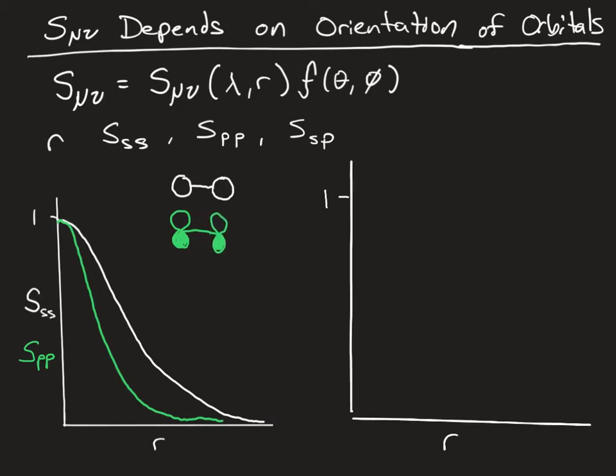We can now look at the overlap of an S and a P function in a sigma-type manner. So we'll have our S orbital and our p orbital. We're going to be bringing this from an overlap of 0 all the way to some distance far away.